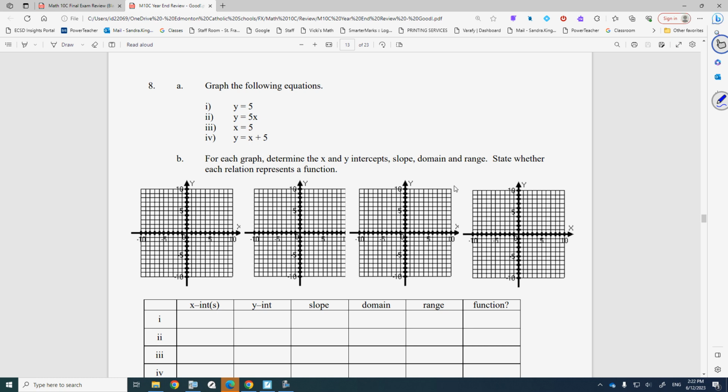For number 8, graph this guy, and that guy. So 1, 3, and 4, I want you to graph those, see if you remember.